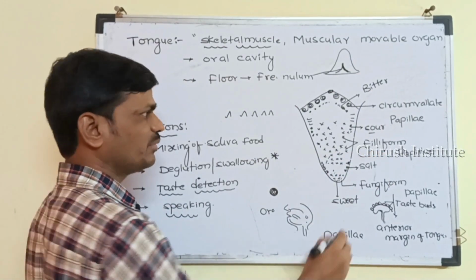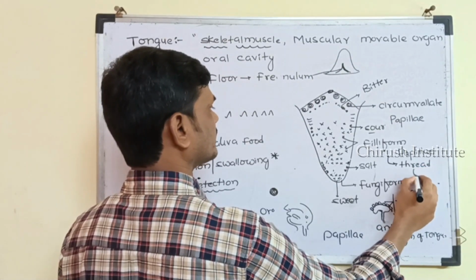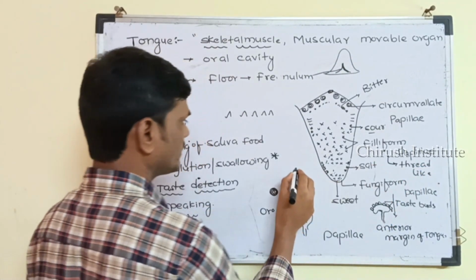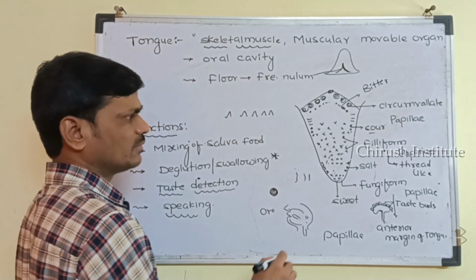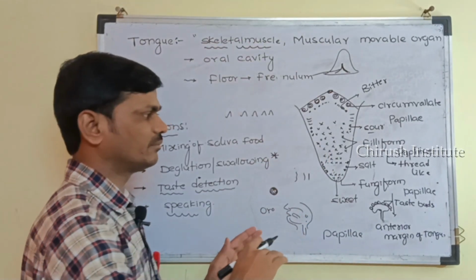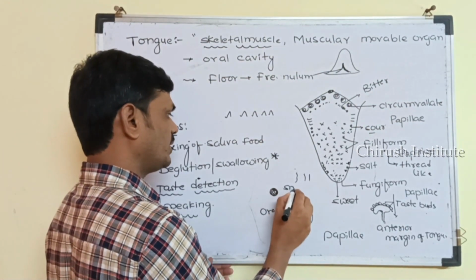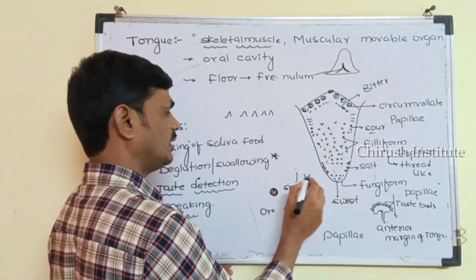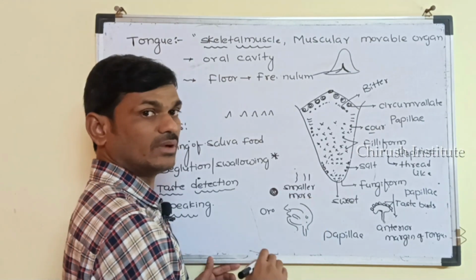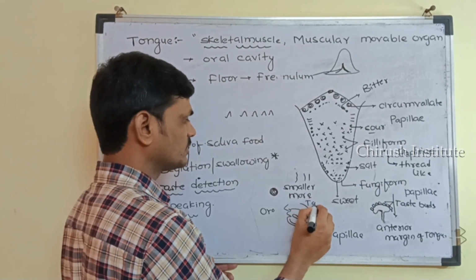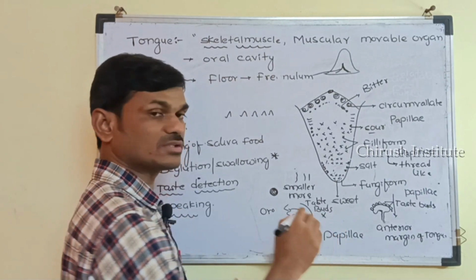Next, filiform papillae. Fili means thread-like. So they are thread-like papillae. They are more in number but smaller, the smallest papillae, and they do not bear taste buds.